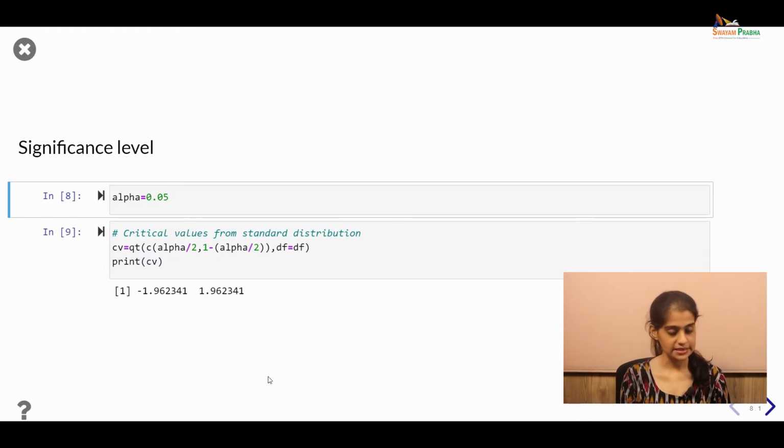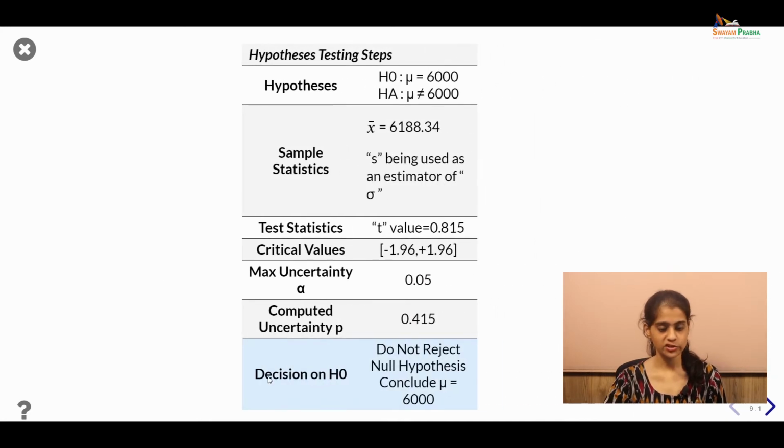Now let's see how the table looks with all these values. I have not changed anything in the first two entries. I have the hypothesis as stated. We have the sample statistics that we've calculated. The sample statistic is 6188.34, which is the mean of price in your data.